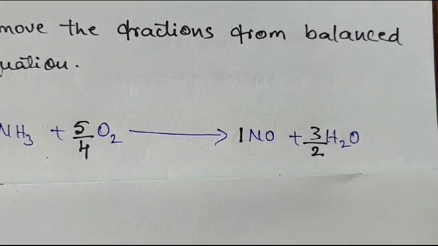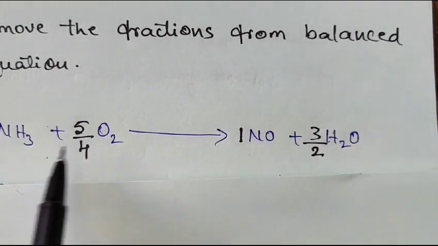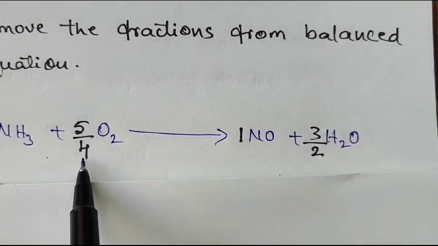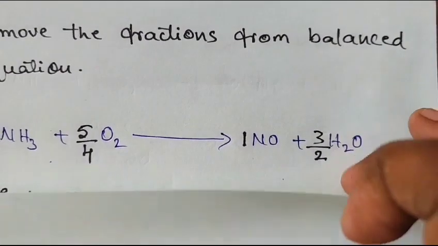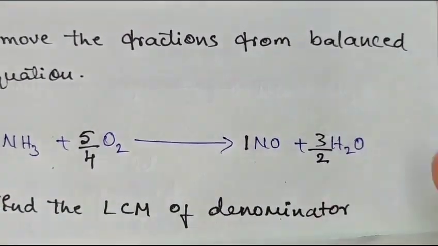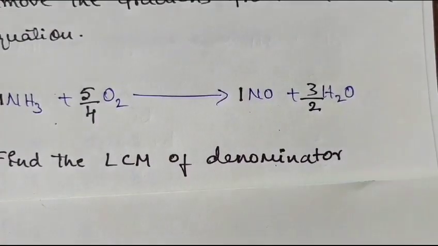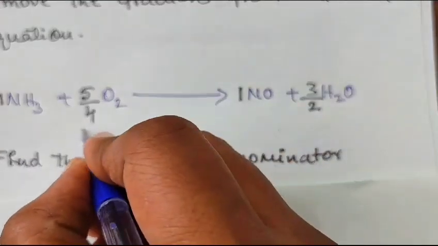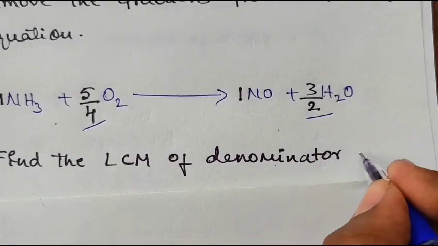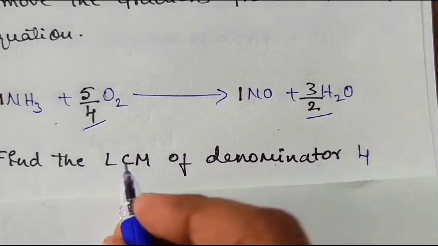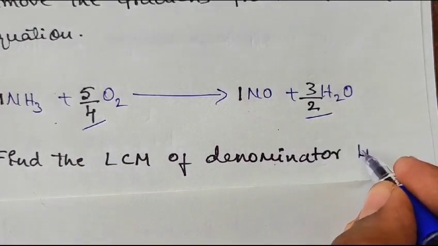Now let us remove the fractions by finding the LCM of the denominators present in the fractions. The LCM of the denominators 4 and 2 is 4.